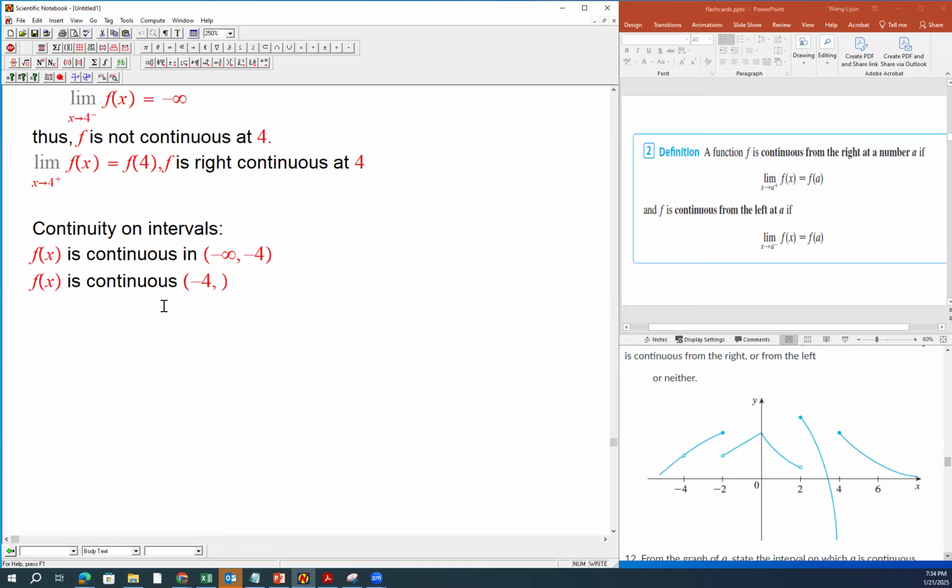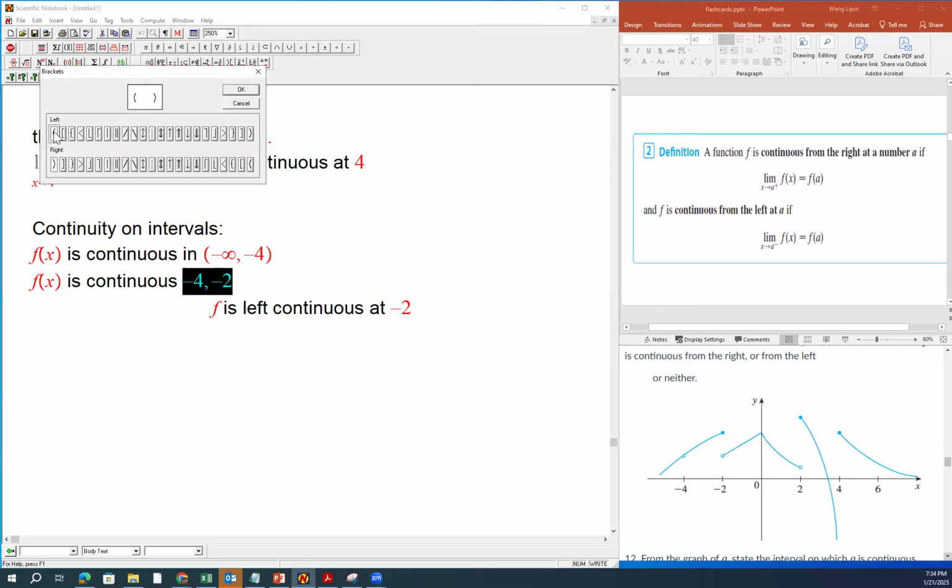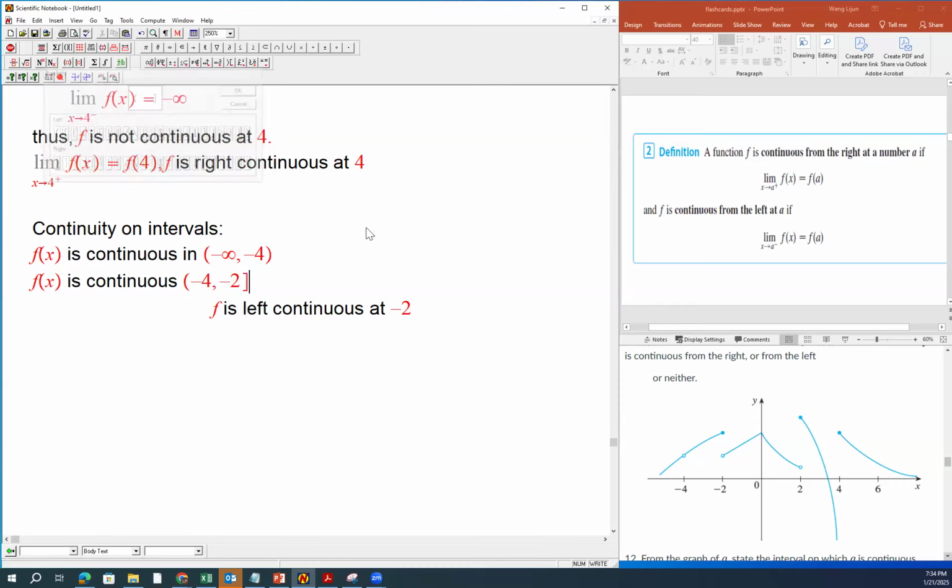Okay, I'm going to bring this statement here. Because f is left continuous at -2, we're going to write -4, but use a bracket on the side of -2. So I'm going to write it this way: parenthesis, bracket, because f is left continuous at -2.